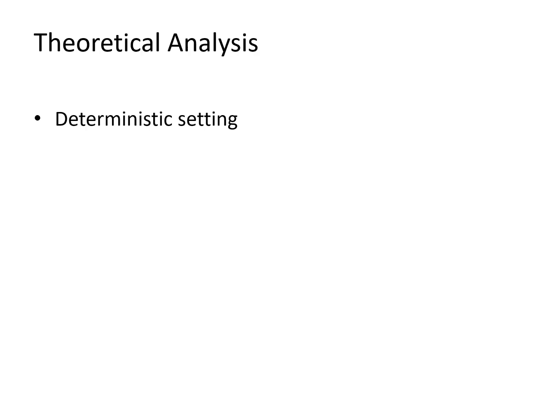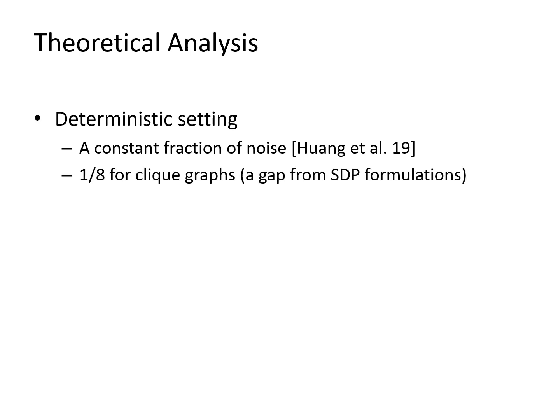So what's interesting here is the theoretical analysis, right? In terms of the deterministic setting, you can show that it still tolerates a constant fraction of noise. But on the other hand, for clique graphs, the ratio is not 25%. Okay, it's slightly smaller than that. And this really shows that even though those approaches are all for recovering low-rank matrices, depending on the noise model, one approach may work a lot better than the other one.